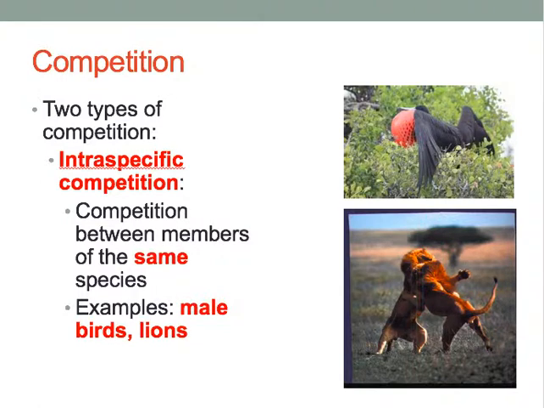Then there's intraspecific competition. This is between the same members of the species. And these usually involve males fighting for a mate. You can see here that we have two male lions, and these lions are competing for not only a mate, but they're also competing for territory. So they're competing for their environment. Birds do the same thing.